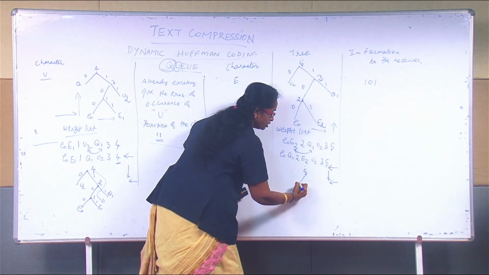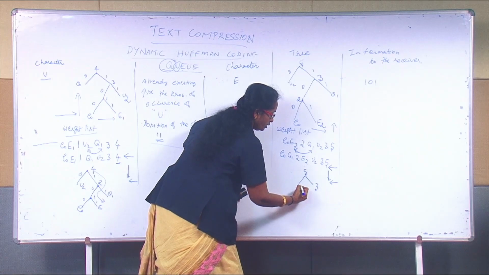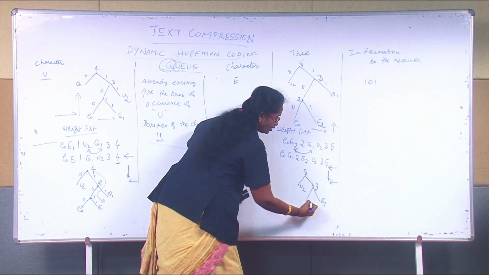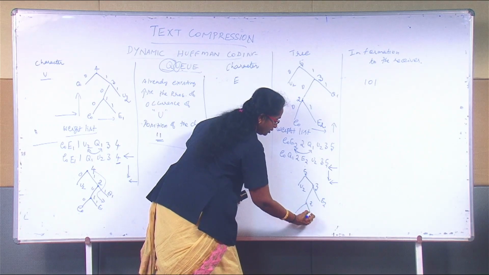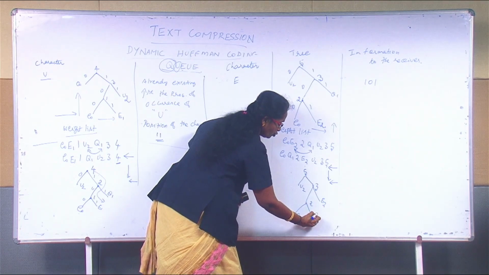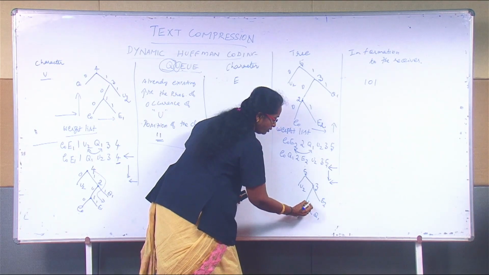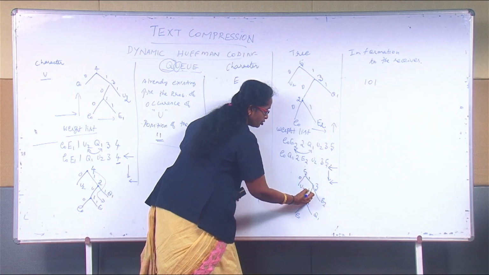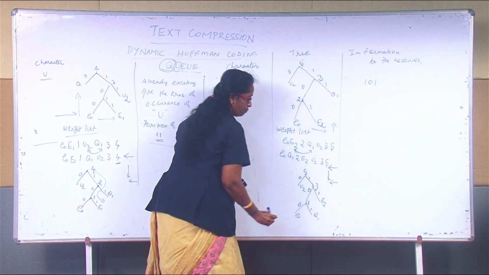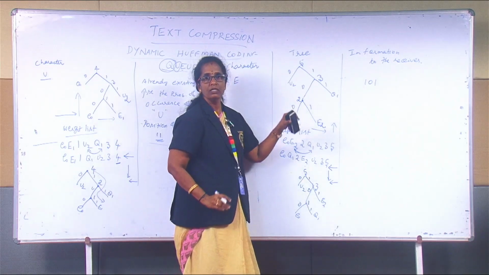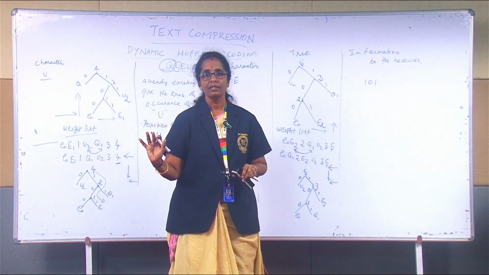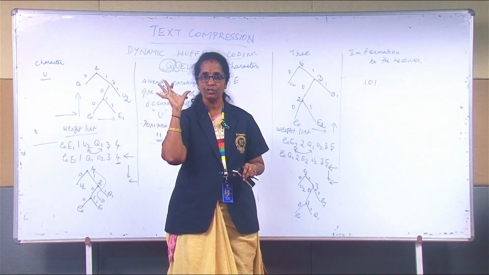Therefore, 5 is split into 3 and U2, 3 is split into E2 and 2, 2 is split into E0 and Q1. Therefore, this becomes 1, 1 plus 2, 3, 3 plus 2, 5 and assign 0 and 1 to all the branches. Okay. So, with this, the encoder has completed the coding part of our queue.